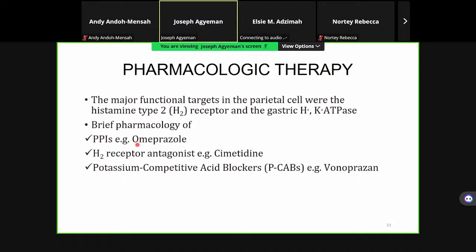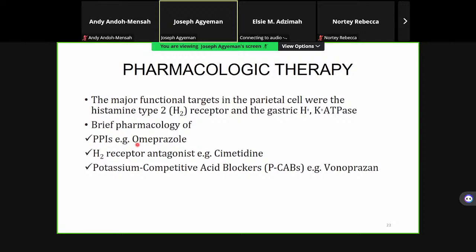Now, before you can activate this product, you need acid. And of course, where they like accumulating, you have a lot of acid. So in the presence of the acid, these PPIs are protonated and they are converted to sulfonamides, so cationic sulfonamides or cationic tetracyclic sulfonamic acids.